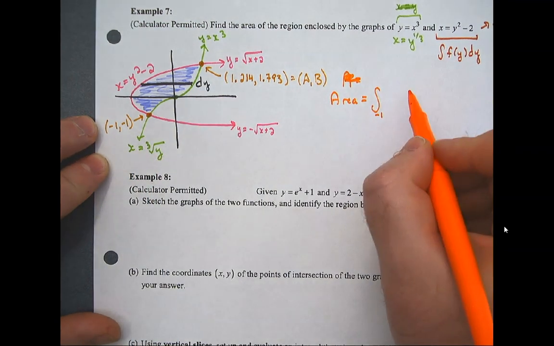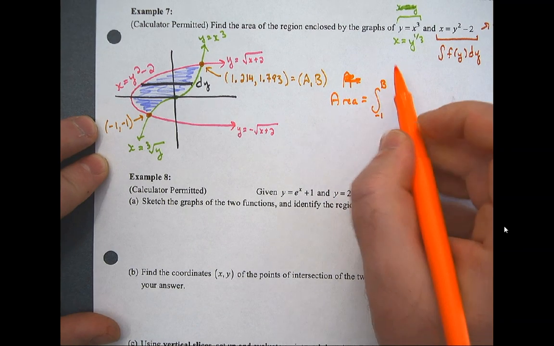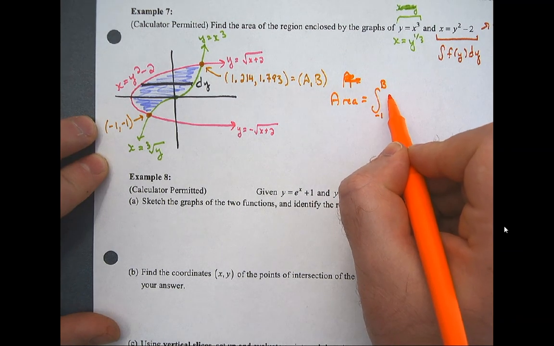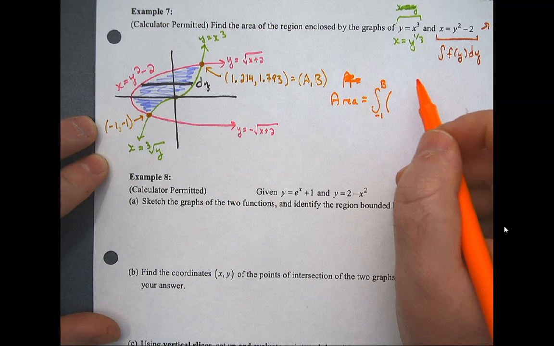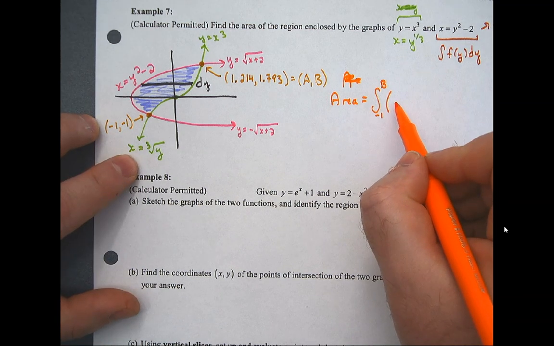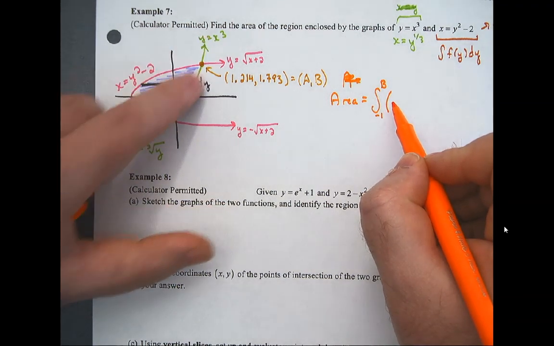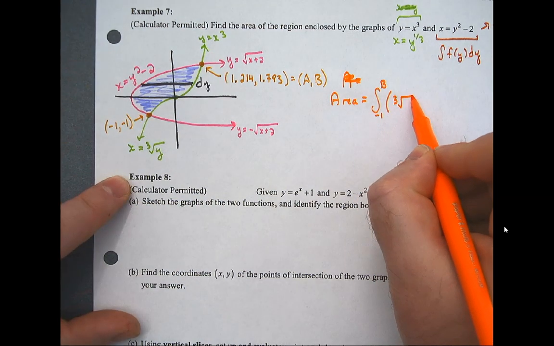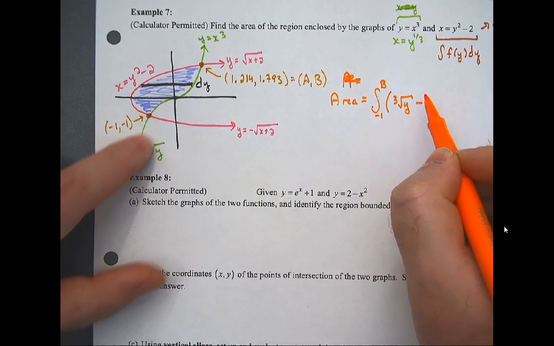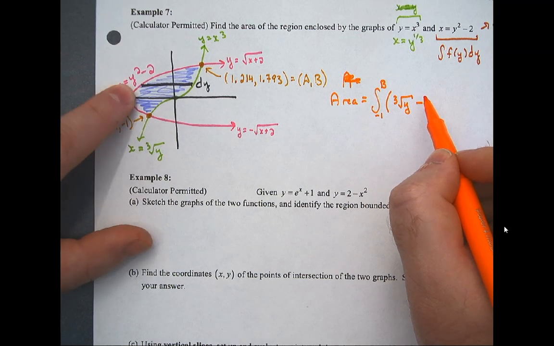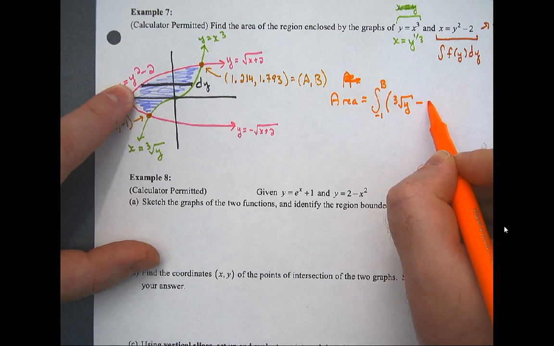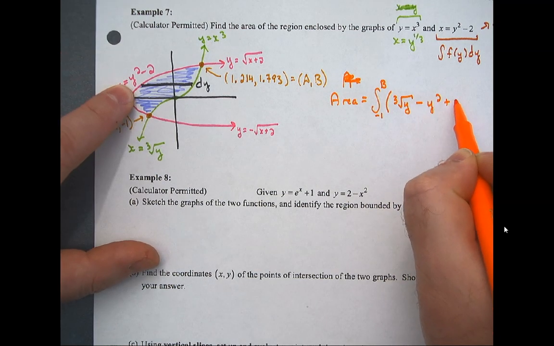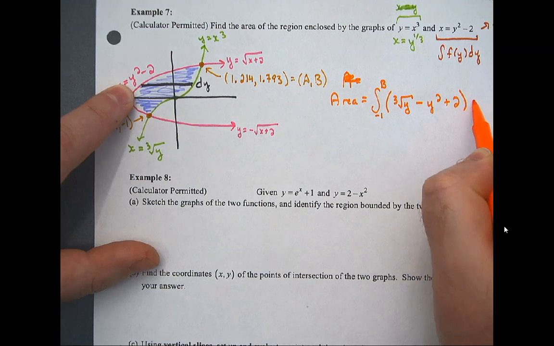Our high y value is b of, and let's see now, who's the further right? That'd be the cube root of y minus, that would be this, which is y squared minus 2, but I'm going to change that to a plus 2 because I want to distribute the negative dy.